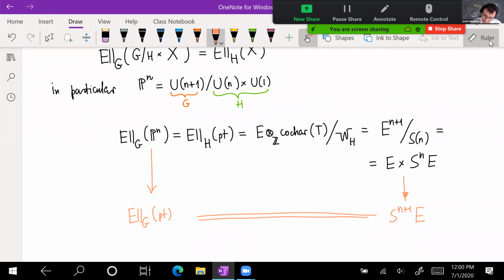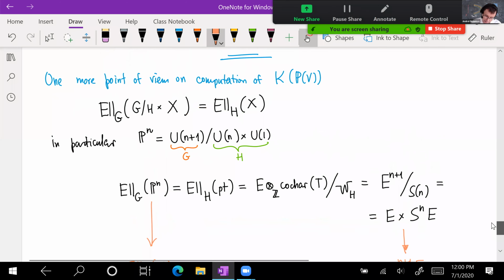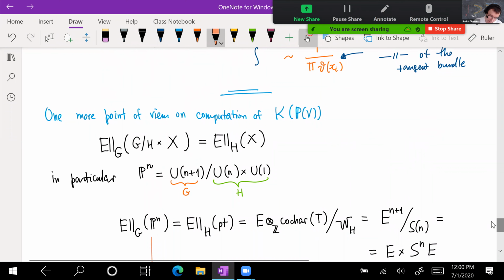It's good that we computed it like that, because what do we get? Using this equality, maybe I'll just highlight this equality in yellow.